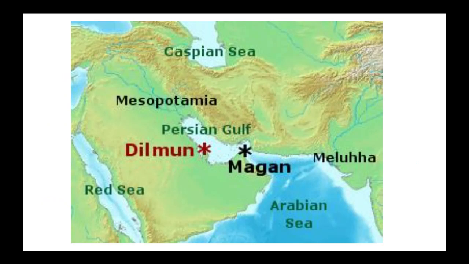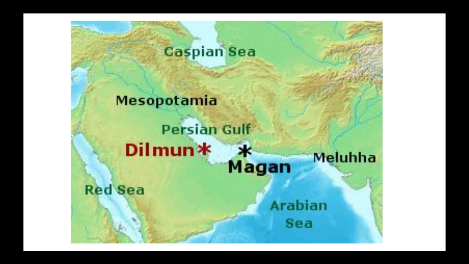In this map, you can see the Mesopotamia civilization around Iran Iraq area and Indus Valley civilization around Gujarat area, India. Here you will find Meluha written for Indus Valley people.